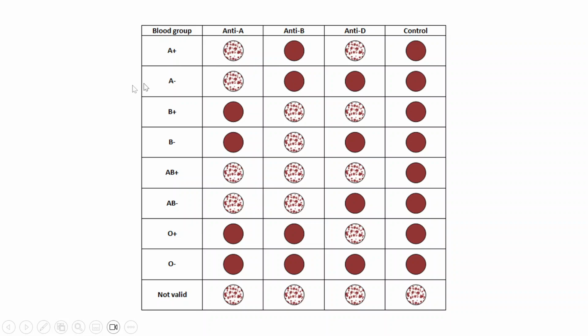Then if addition of antigen A gives agglutination but D does not, that means A negative. For O positive, you will not see any agglutination with A or B, because in the O blood group neither A nor B antigen is present in the blood.